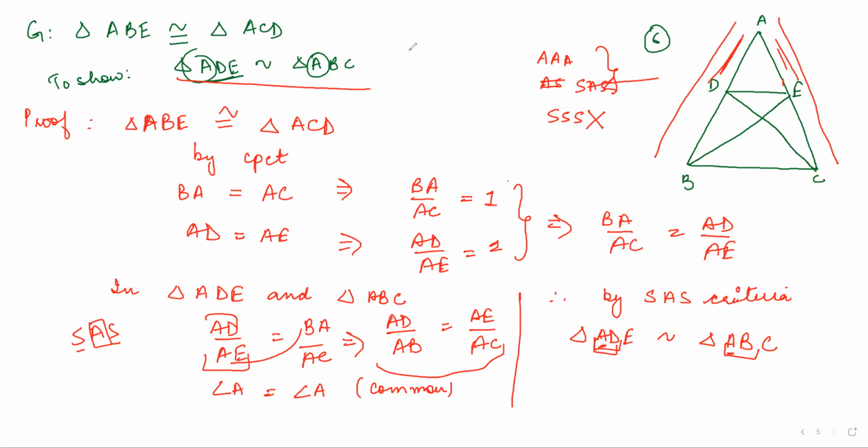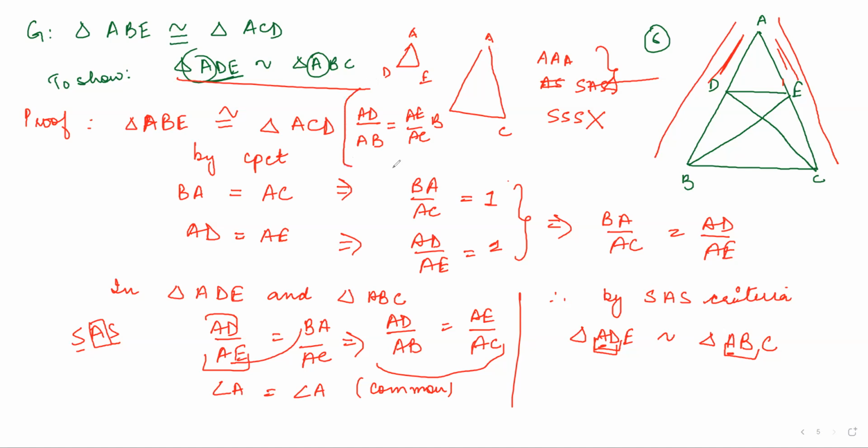For example, I have one triangle. So let's break this triangle. This is my small triangle ADE, and that's my bigger triangle ABC. If they are similar, it means that the side of one upon the side of the other are in proportion.